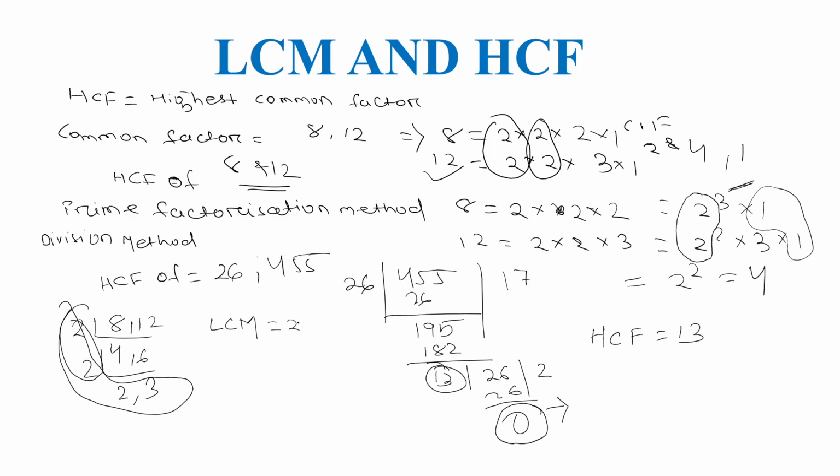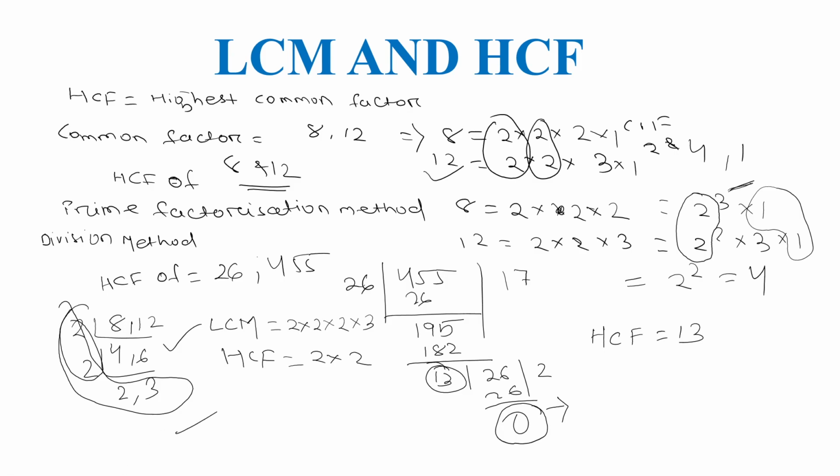LCM will be 2 into 2 into 2 into 3. HCF will be 2 into 2. This is the easiest method. Whenever you are calculating HCF and LCM, just use this method, you can easily find it.